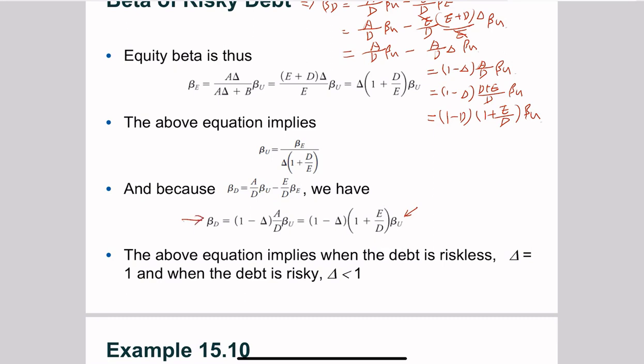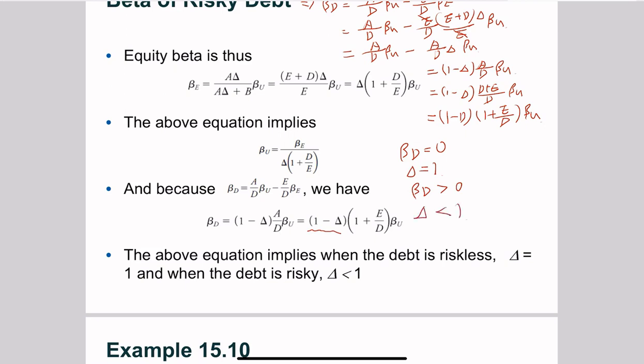Another interesting result about this formula on beta D is, if you're having risk-free debt, let's say beta D is 0, then you can see that delta has to be 1. And if beta D is larger than 0, then delta has to be smaller than 1.